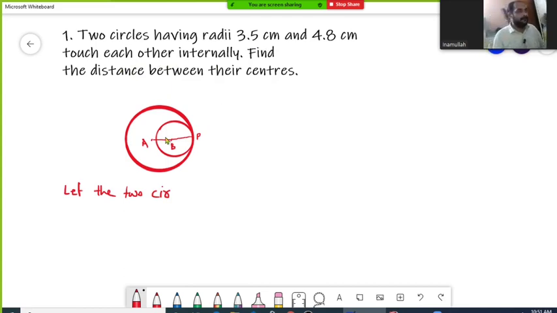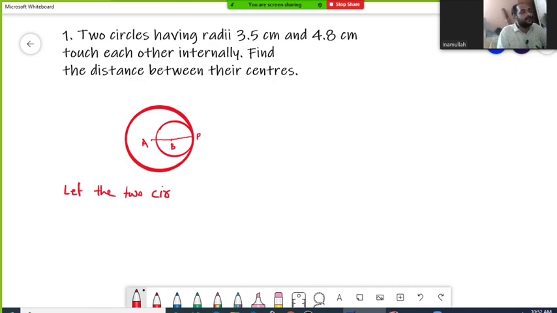We have two circles. The greater circle is with center O, and the center of the smaller circle is B, and P is their common point of contact.